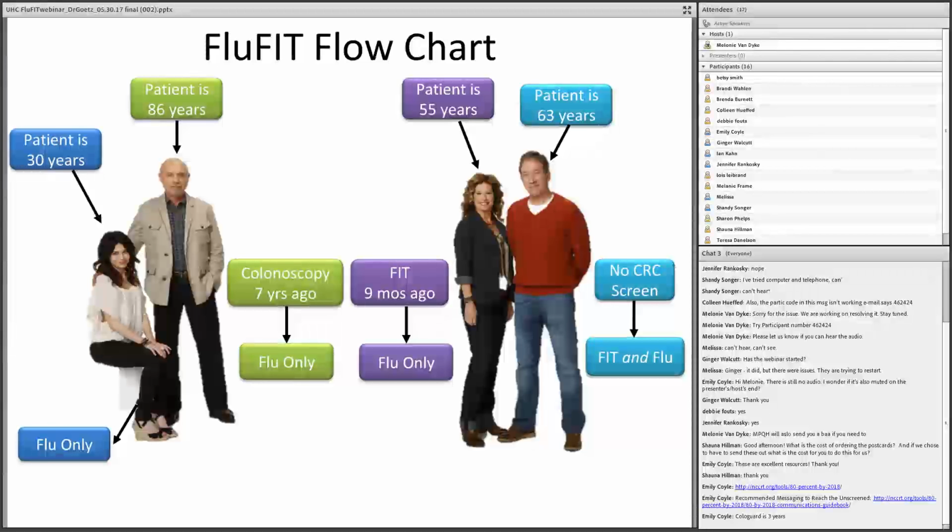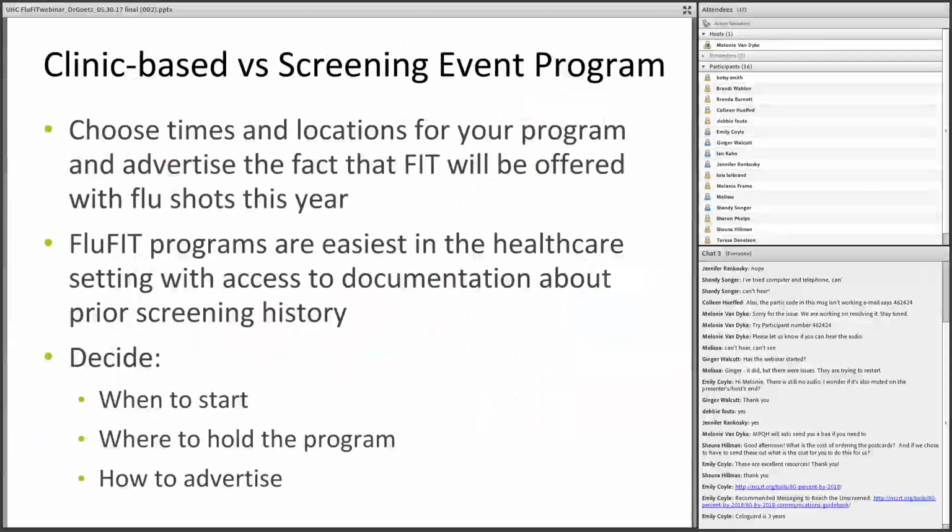So you have to have a well-trained staff so that they know which patients are appropriate and which patients aren't. The last thing that we want to do is encourage screening and then have a denial from an insurance company because they've already had a screening. So it's important to know that. Okay.